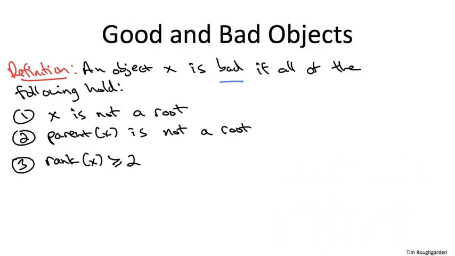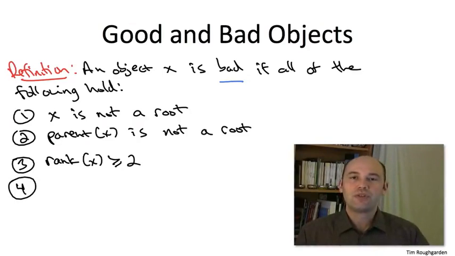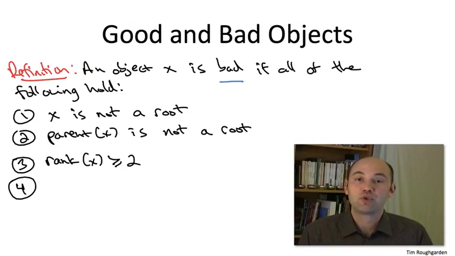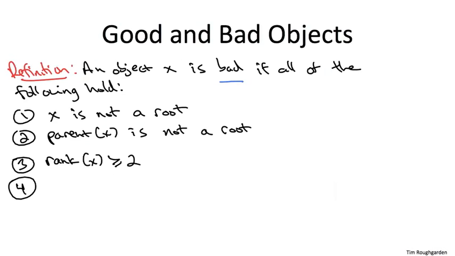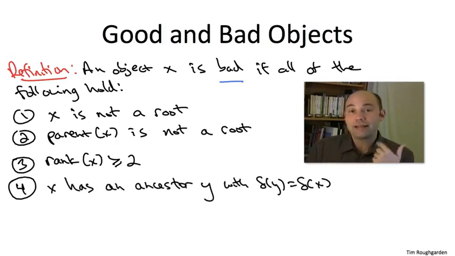So the final criterion is really the ingenious one, and it's the one that ensures that when you do path compression, typically objects' parents' ranks will increase extremely rapidly, not just by 1. And this criterion says for an object X to be bad, it has to be the case that it has some ancestor Y, an object you get to by traversing parent pointers from X, that has exactly the same value of delta.